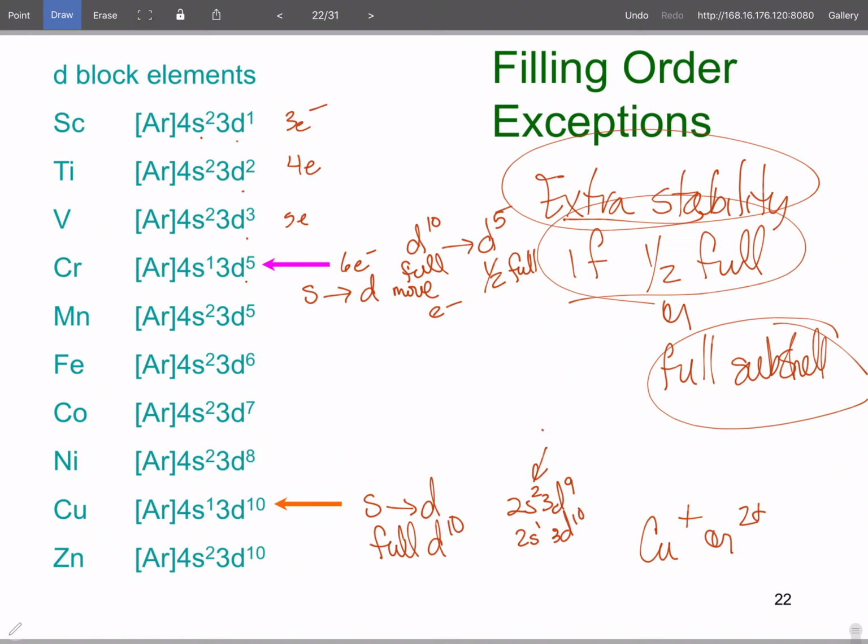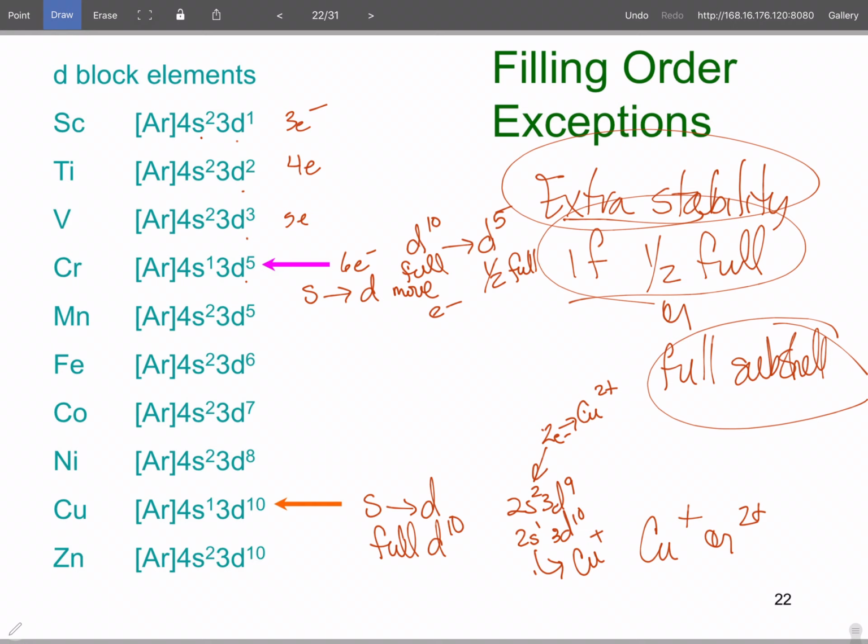So here you can lose 2 electrons, which gives you the copper 2 plus. Here you can lose the 1 to give you the copper 1 plus. So notice that you get these jumps when you have extra stability.